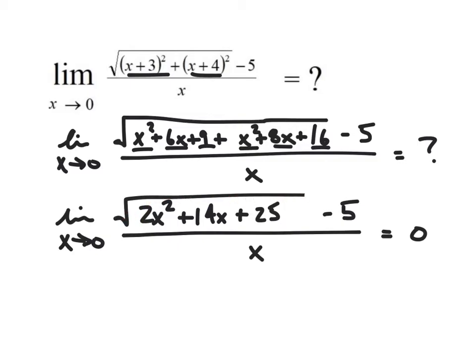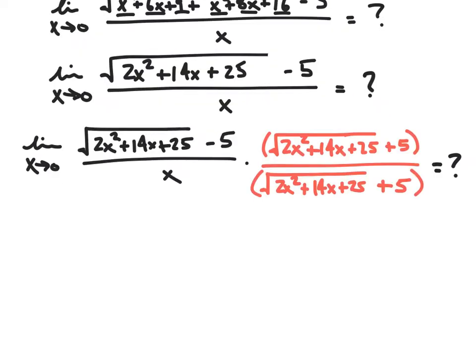Okay, the only thing that I can do is multiply the top and bottom by the conjugate of my numerator. All right, and so let me show you what I'm doing there. My numerator is the square root of 2x squared plus 14x plus 25, minus 5. The conjugate of that would be the square root of 2x squared plus 14x plus 25, plus 5. When I multiply these two things together, this is a difference of squares.